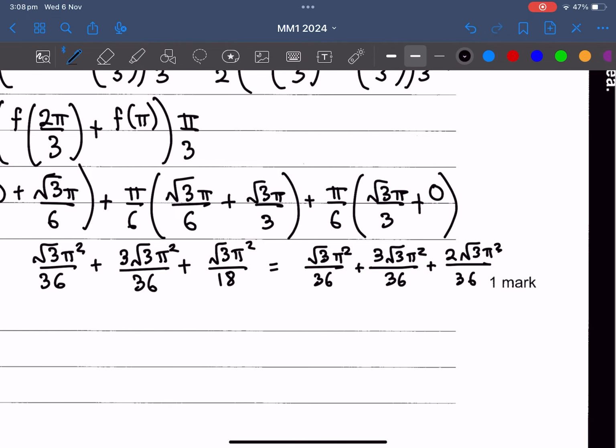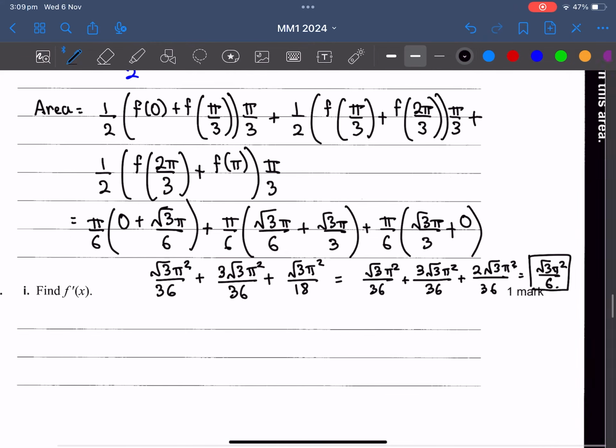So that will be 6 root 3 pi squared on 36, which simplifies to root 3 pi squared on 6. So this is going to be our answer.